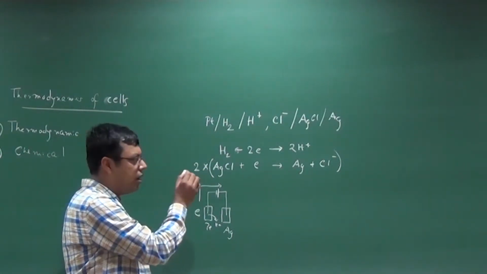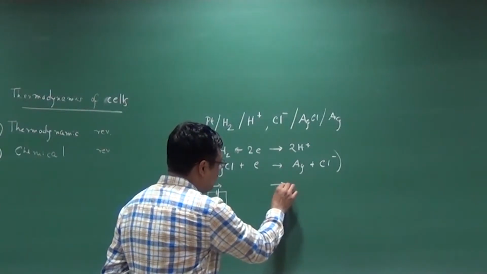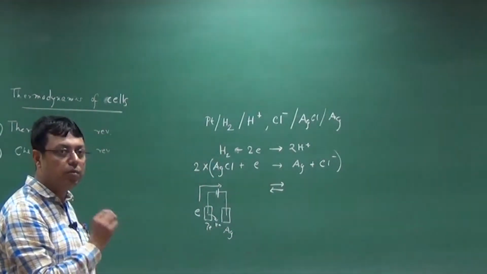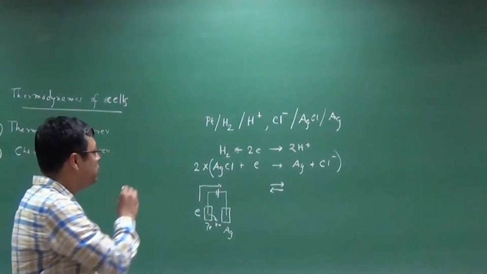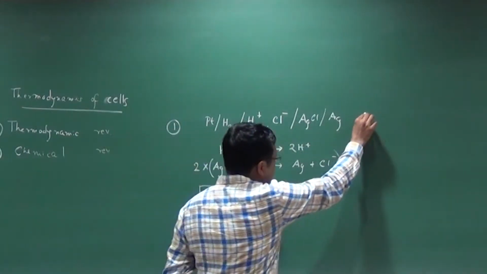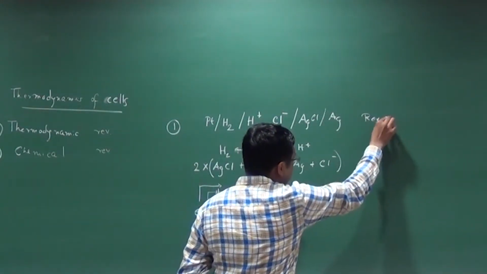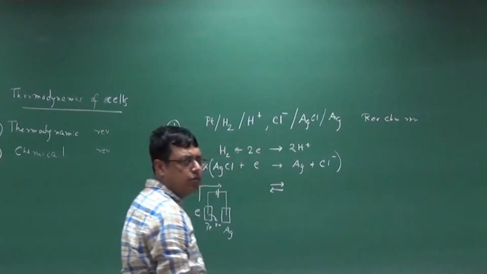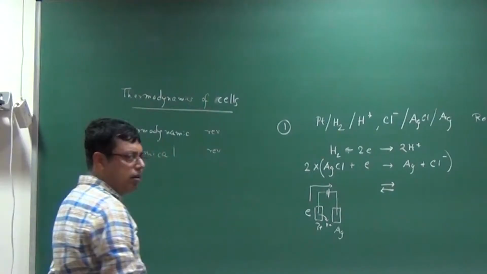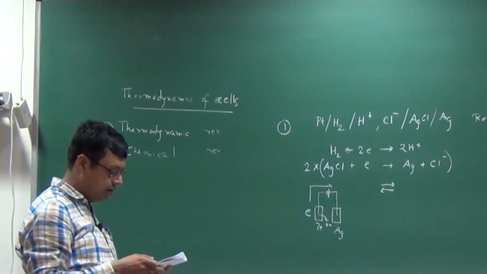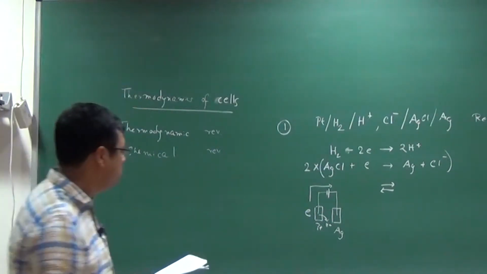This reaction will happen in the other direction also, meaning this addition of these two is perfectly reversible. So this example is an example of a reversible chemical or electrochemical reaction. Now you know the meaning of chemical reversibility.